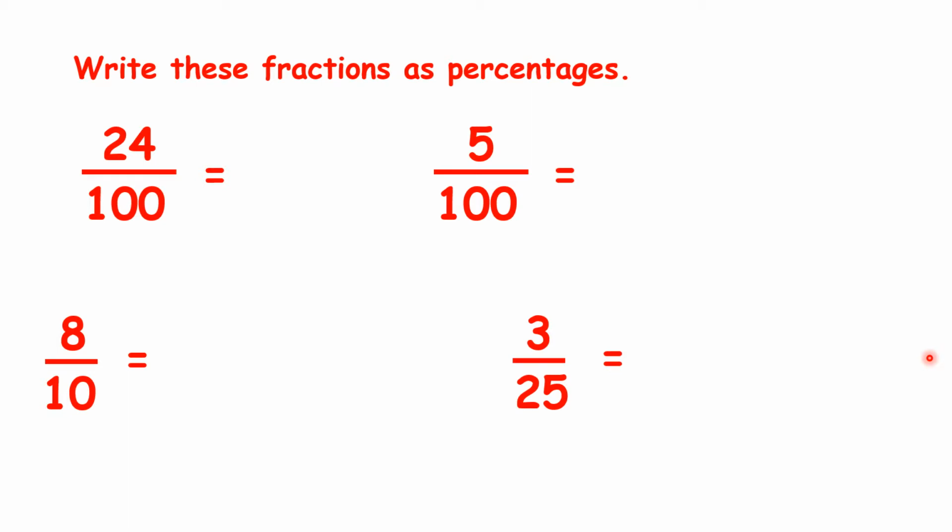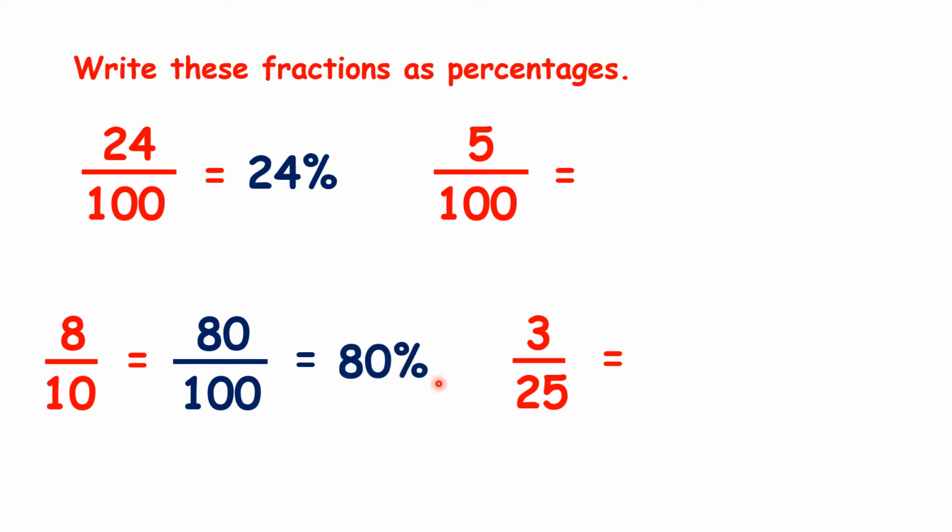Now pause the video and see if you can write these fractions as percentages. Here we already have a fraction over 100, so we have 24%. Now 8 tenths is equivalent to 80 hundredths, so we have 80%.